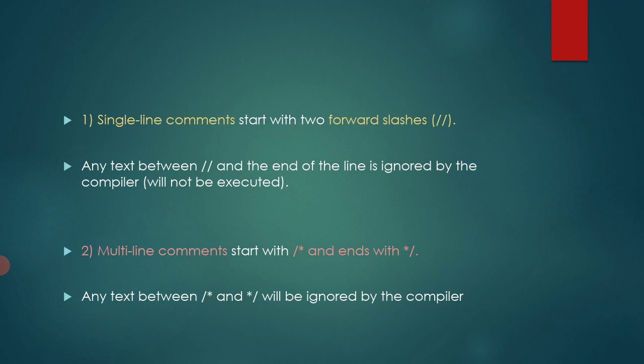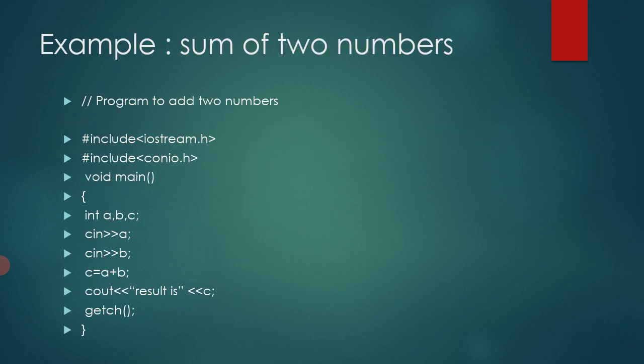Now I want to show you one example of how you write a comment. Look at this example. I have already explained this example, where we studied a program for the sum of 2 numbers.